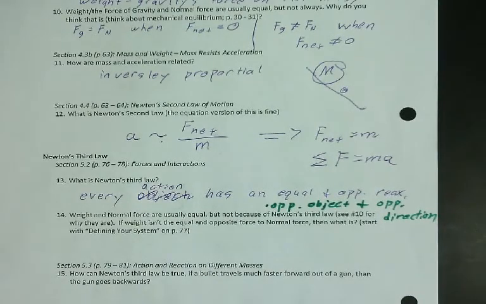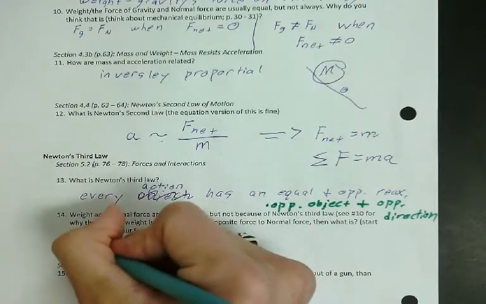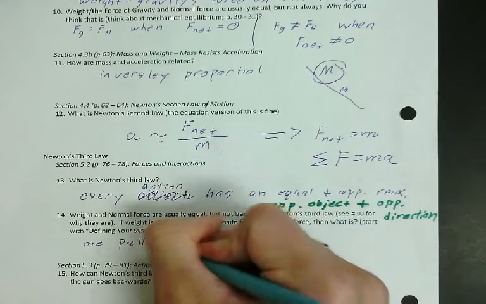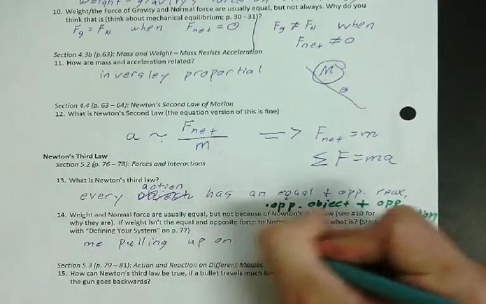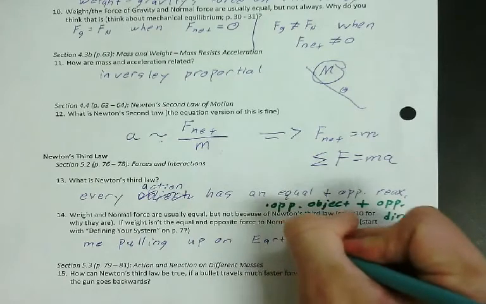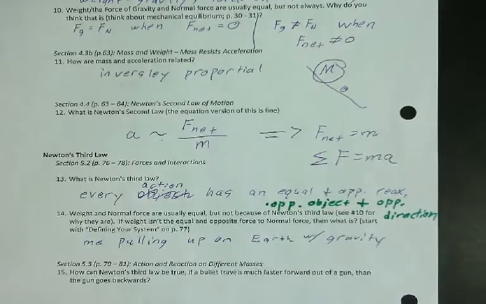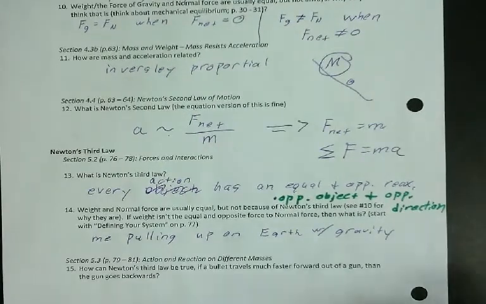So the answer to number 14, what's the equal and opposite force to gravity pulling on me, is me pulling up on the Earth with gravity. I know that sounds absolutely bizarre, but that absolutely is the equal and opposite force. The force that I pull up on the Earth with is the exact same as the force the Earth pulls down on me with. Okay?